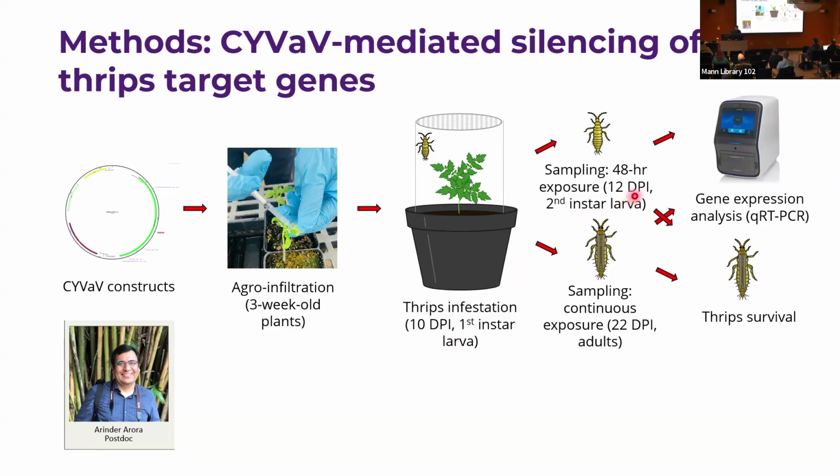Now, we sampled at 2 different stages. First one at 48 hours after exposure of thrips to CYVV, and continuous exposure, basically 12 days of exposure till they become adults, which is 22 days post agroinfiltration.